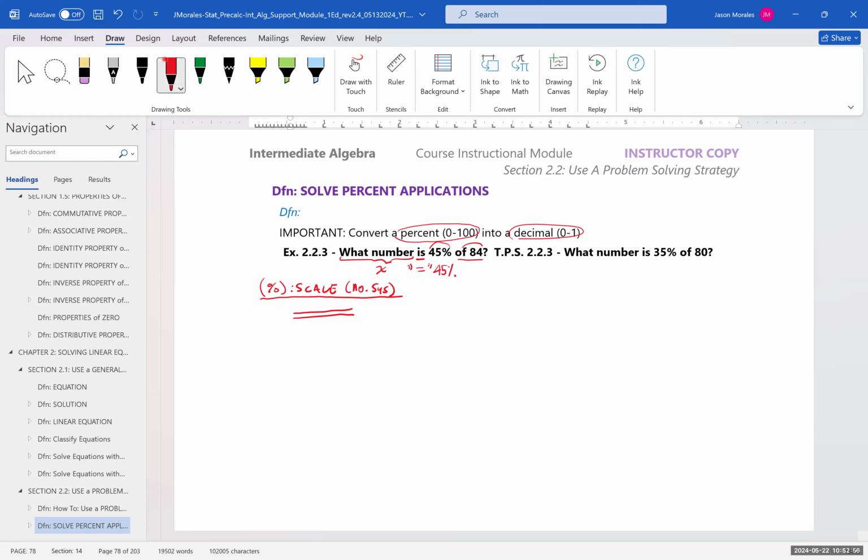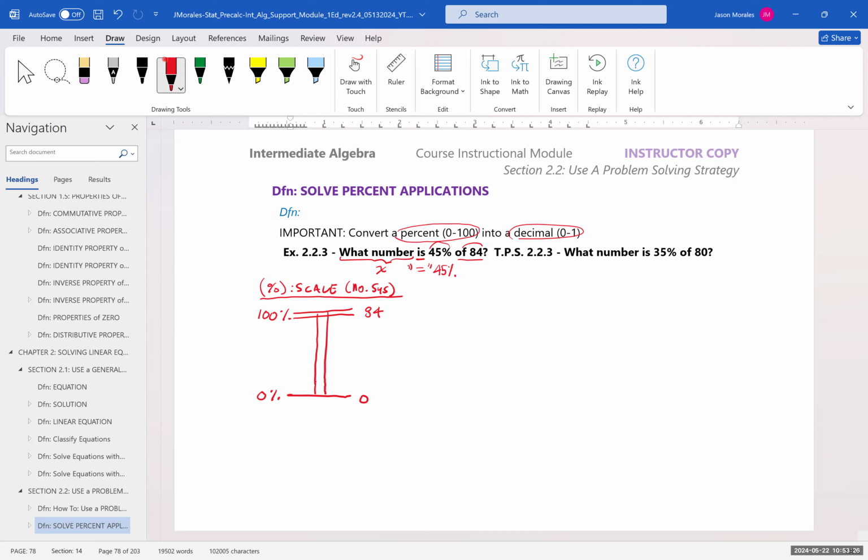At the bottom of the scale, we're going to have 0%. Our number system goes from 0 up to 84, and our percentage scale goes from 0% to 100%.